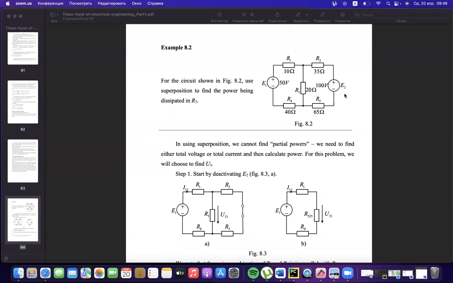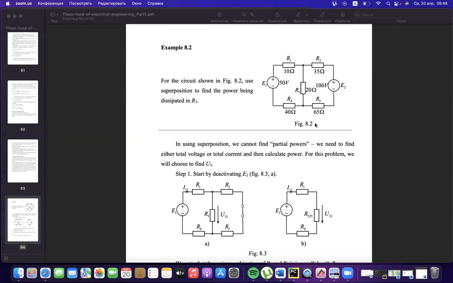And the next example, just let's see it shortly, how it could be applied on the situation of two electromotives. The same idea as with electromotive and current source, you are dividing the circle with two electromotives on two circles with only one electromotive in each of them.